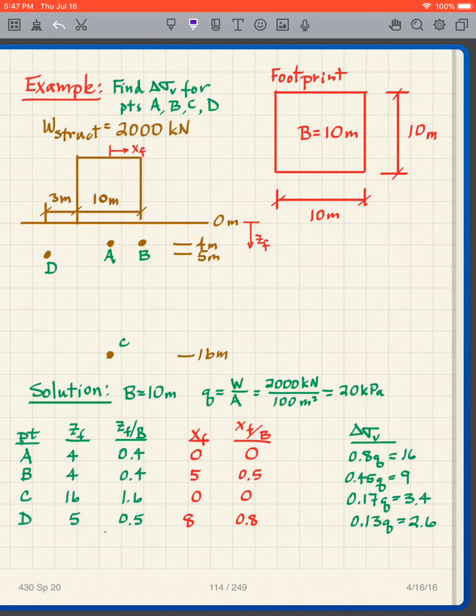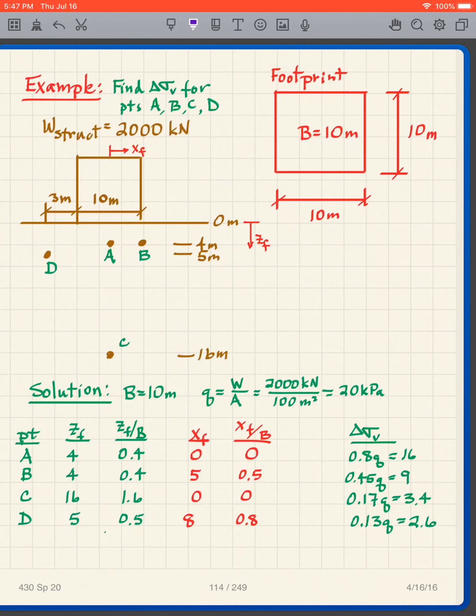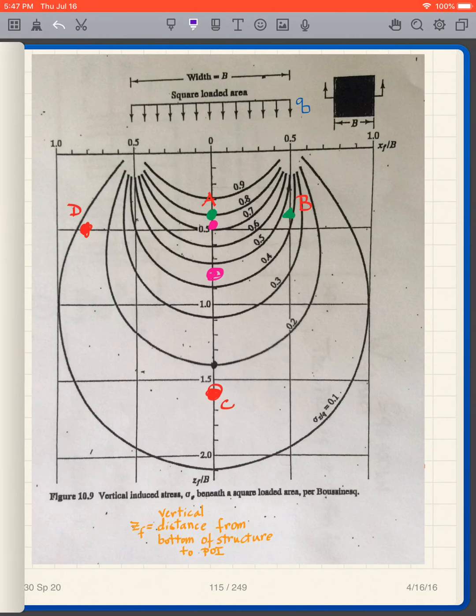So let's put on point B. Point B has x sub f over b of 0.5, z sub f over b of 0.4. So x sub f over b is 0.5. Point B is at z sub f over b, 0.4. Then we have point C. X sub f over b is 0. Z sub f over b is 1.6. So I'm at 0. I go down.